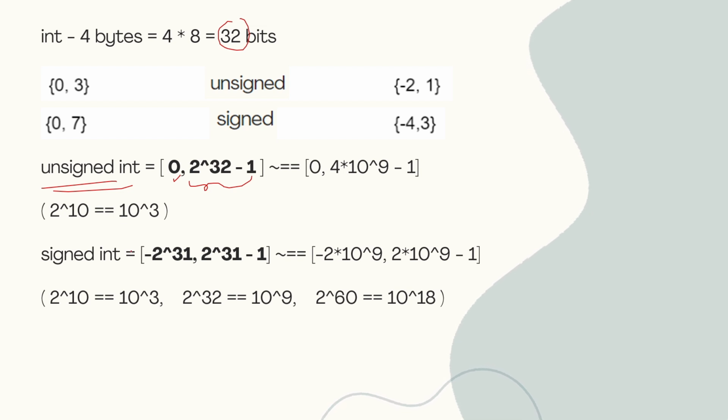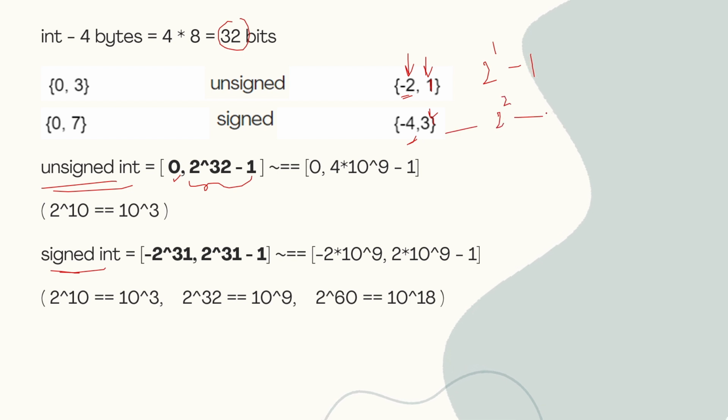Simple. Similarly for a signed int, is there any formula? Can you tell me? On the left side you have powers of 2, that means 2 power 1, 2 power 2, and on the right side you have 1, 3. What does this mean? 1 is 2 power 1 minus 1, and 3 is 2 power 2 minus 1.